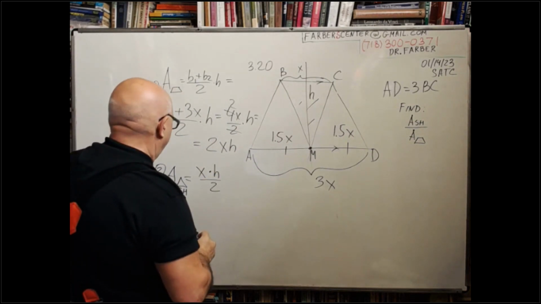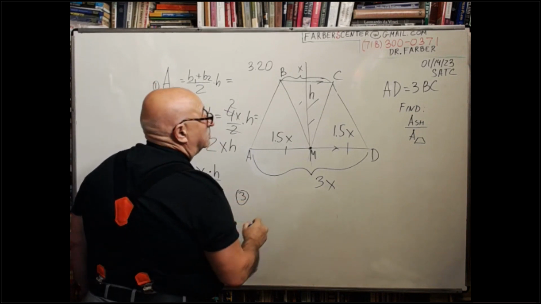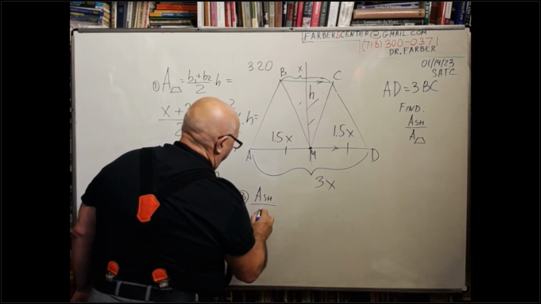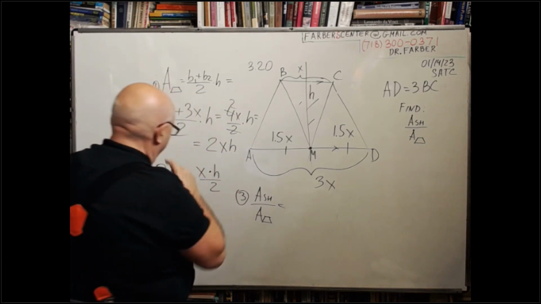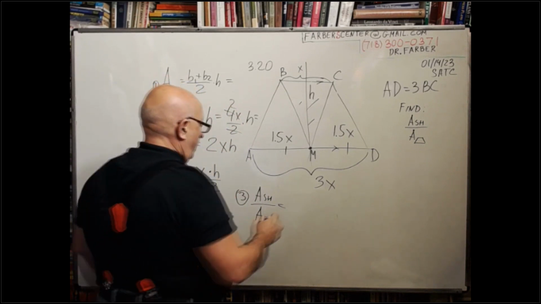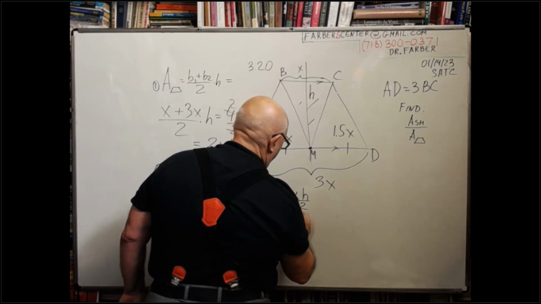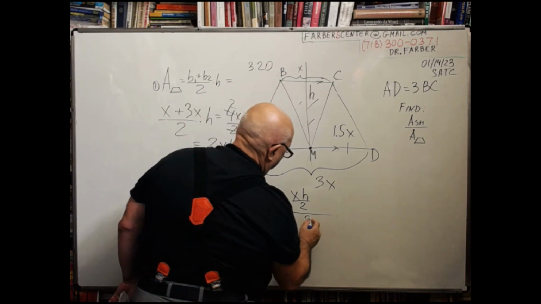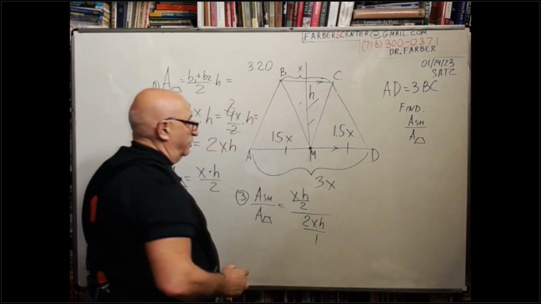And finally, step number 3: area shaded to area of trapezoid equals xh over 2 divided by 2xh, or 2xh over 1, more convenient.